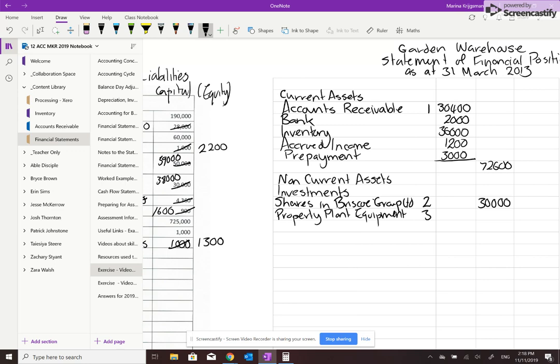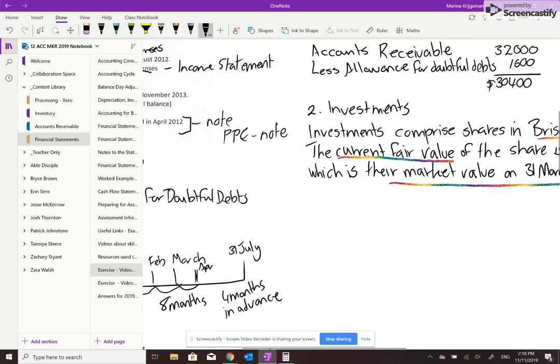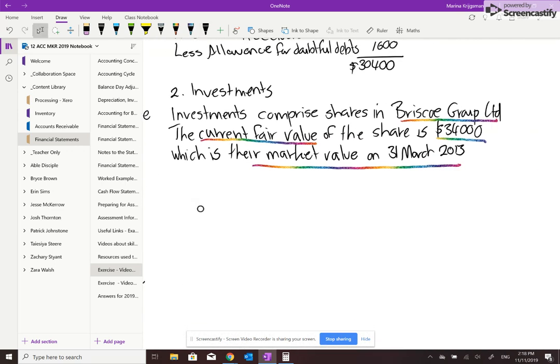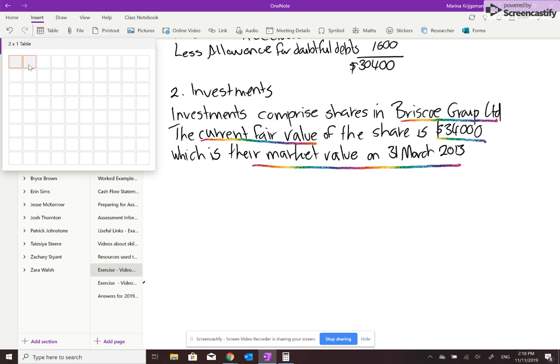Okay, so it's going to be note 3. Right, and I need to insert a table to do it. So I need 5 columns and 12 rows down.